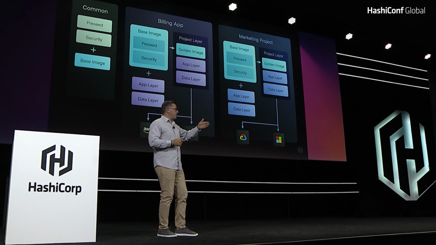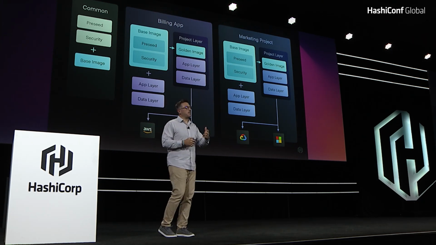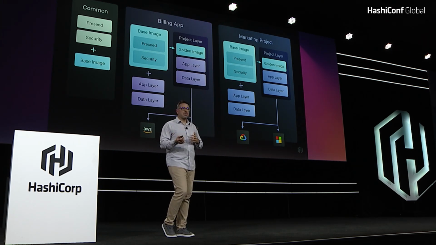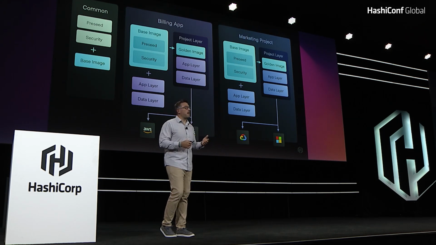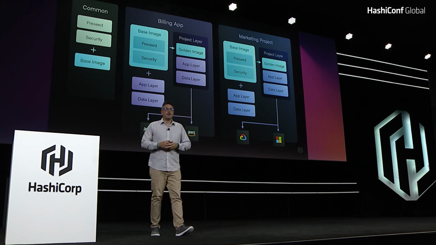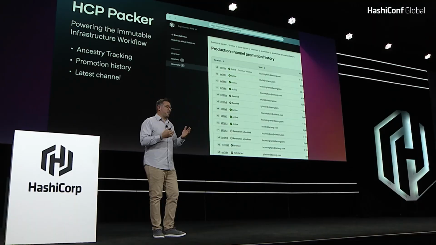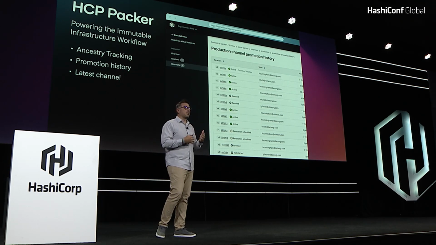So it's not only, in this example, the billing app team using that base image, but also even a marketing site, maybe using the same image. So how do you revoke those or just track them over time? And that's where HCP Packer comes in. Some of the pieces that we've built in the last few months specifically has been ancestry tracking, which is a little bit of what we're talking about.